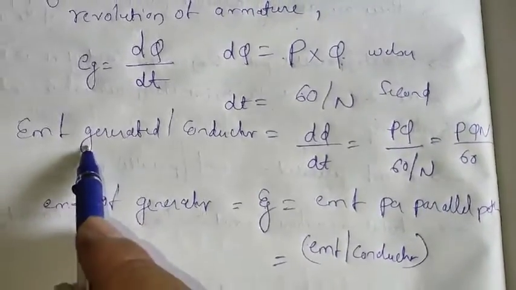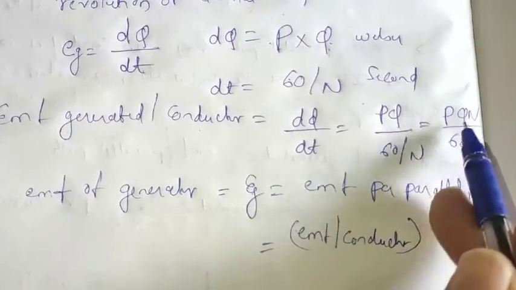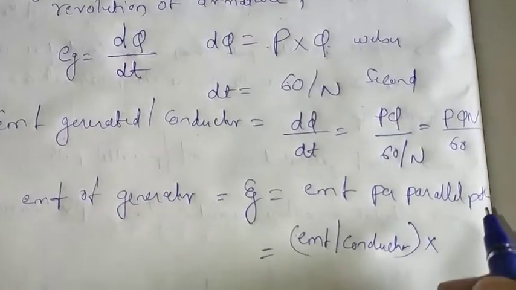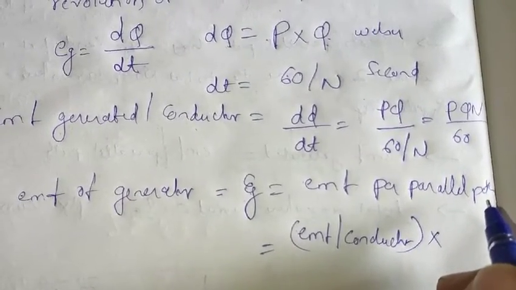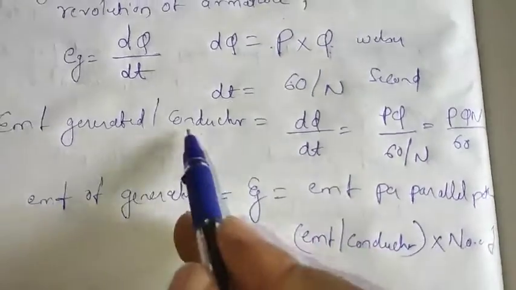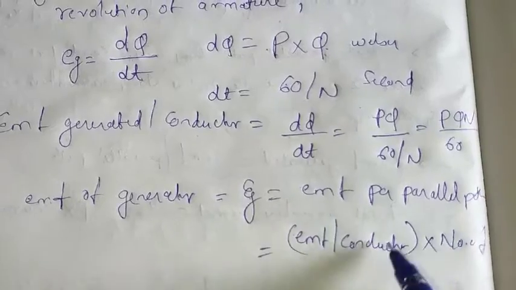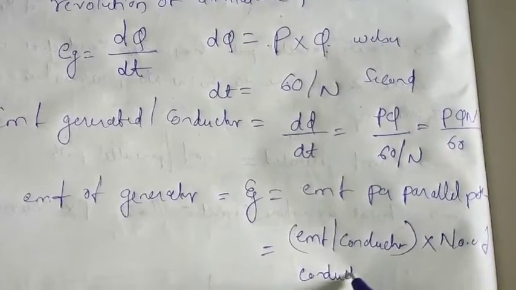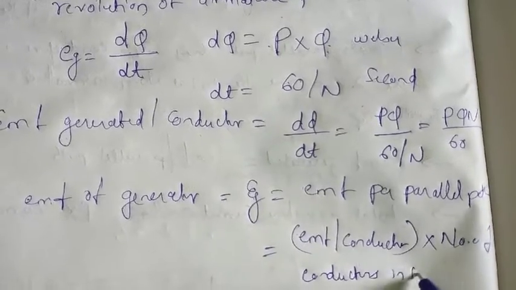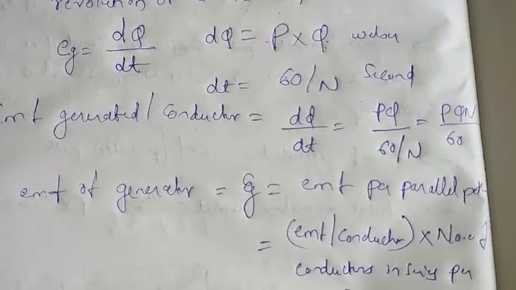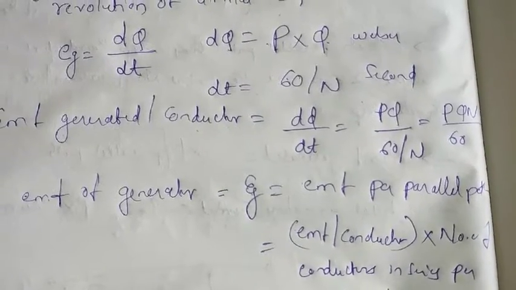The EMF generated per conductor is P phi N by 60, and many conductors are used in series per parallel path. We have taken only one conductor here, but we have many conductors. That's why multiply by the number of conductors in series per parallel path, not for the complete machine, but per parallel path.